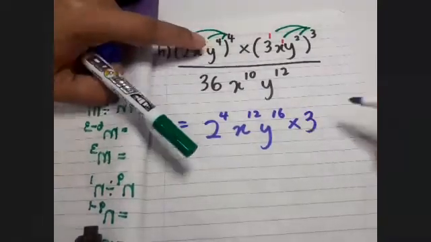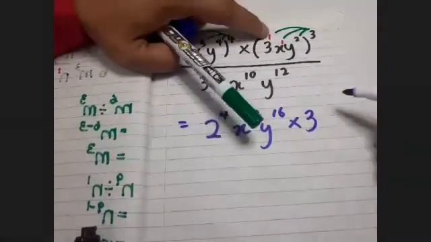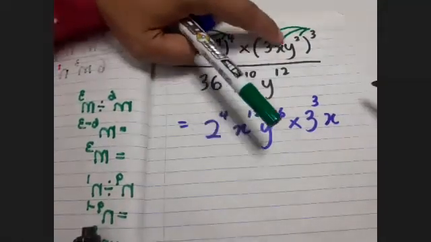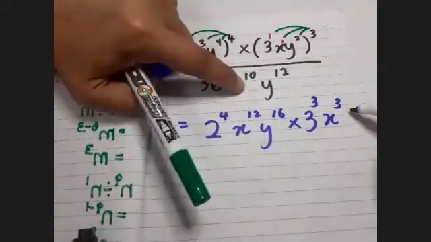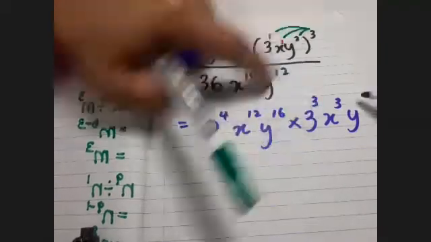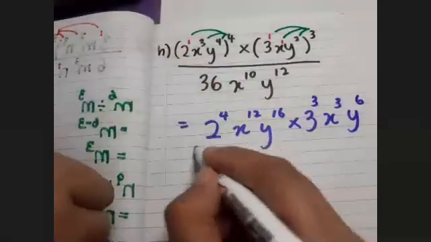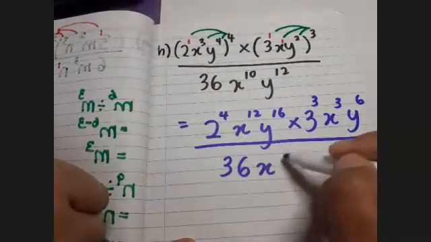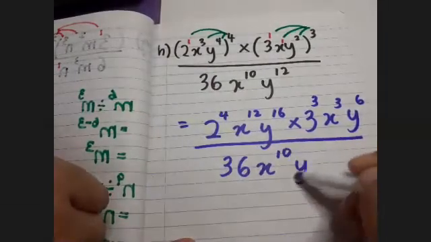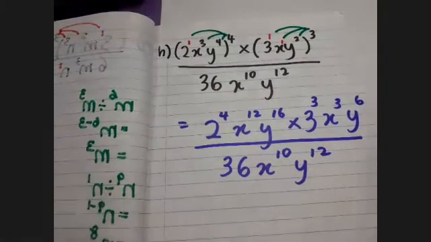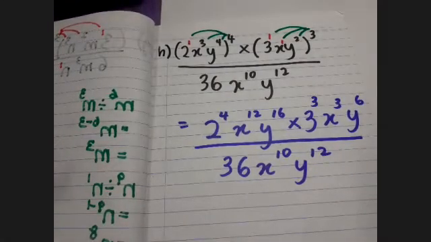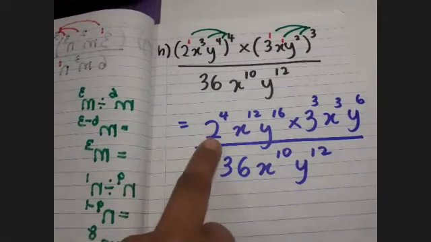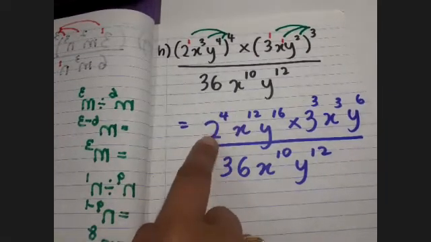Multiply 3 power of 1 multiply 3, 3. X power of 1 multiply 3, 3. Y power of 2 multiply 3, 6. Over 36, x power of 10, y power of 12. Okay, we solve one by one. We look at the coefficient. 2 power of 4.